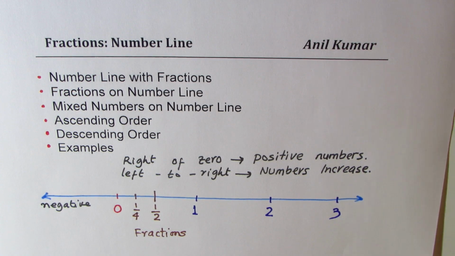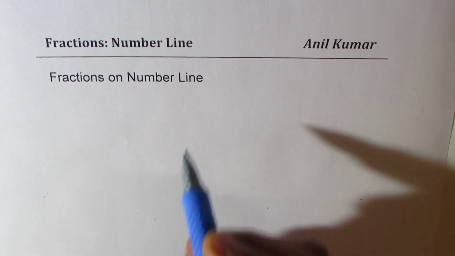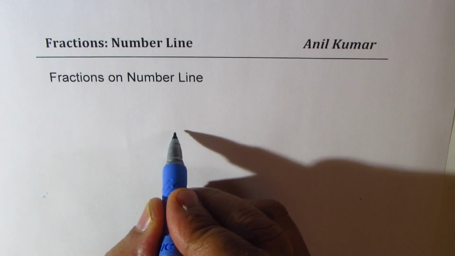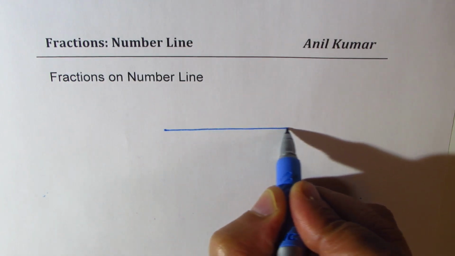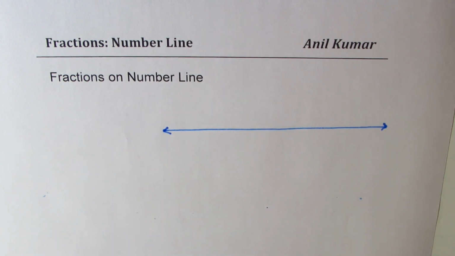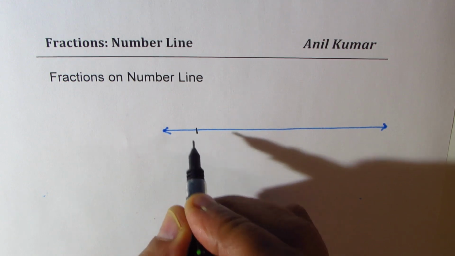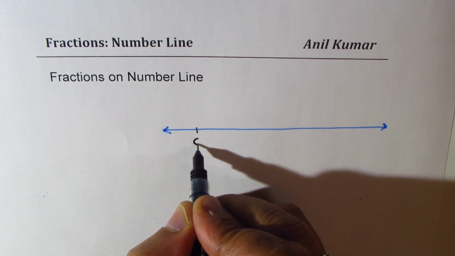Now let's take it in details with some examples. So now we'll concentrate on writing fractions on a number line. So let's begin by again sketching a number line. So let's say this is our number line. Since we are considering only positive numbers, I will mark 0 on the left side of my page.